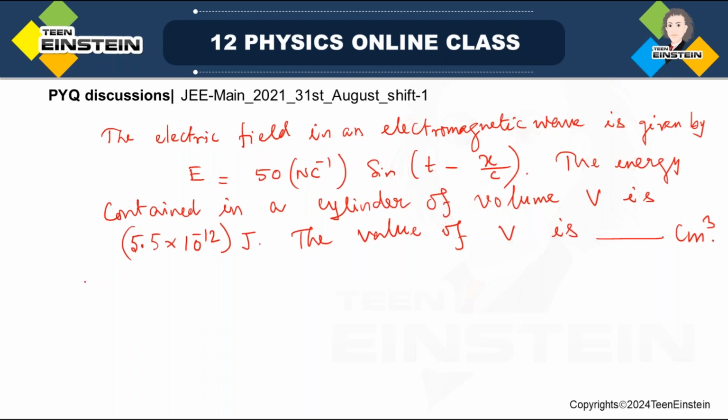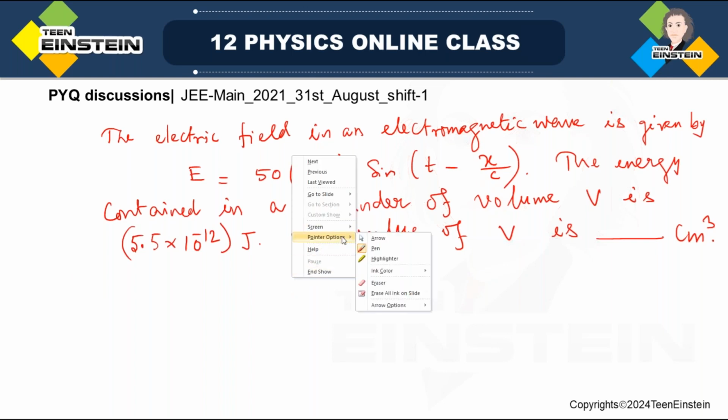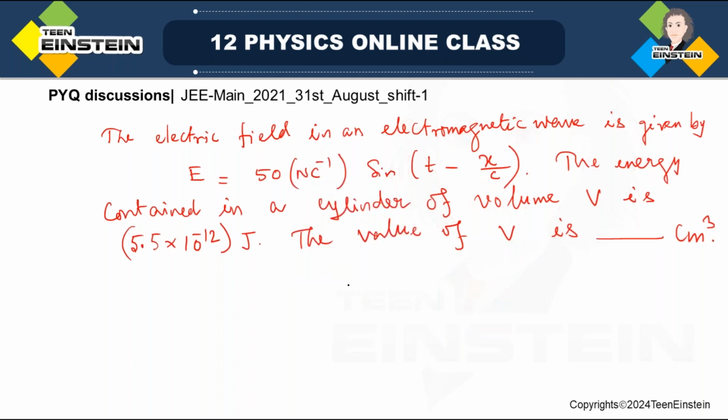So how do you solve this problem? This is a very simple problem. Let me write down the expression for the energy density for an electromagnetic wave.